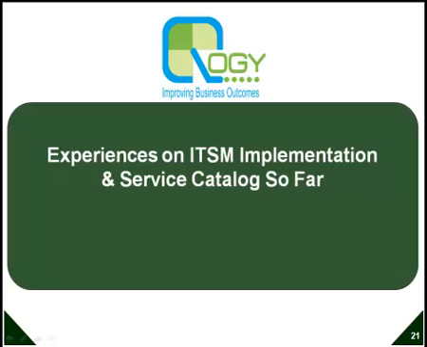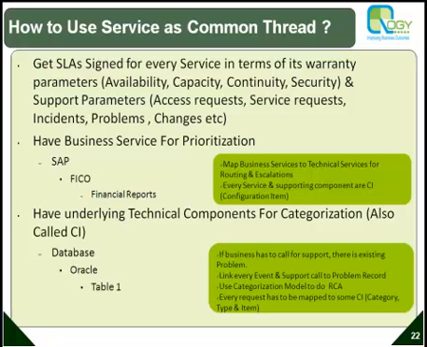Now, what is our experience on ITSM implementation and catalog so far? You can use service as a common thread which can help you to categorize and prioritize the issues that you face, or incidents, problems, changes, requests, etc. Have business service for prioritization, and have underlying technical components for categorization, also called CIs.